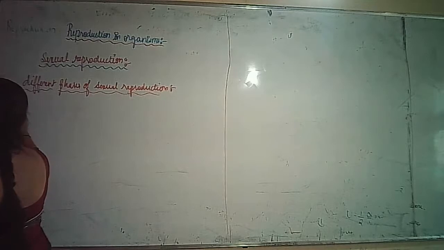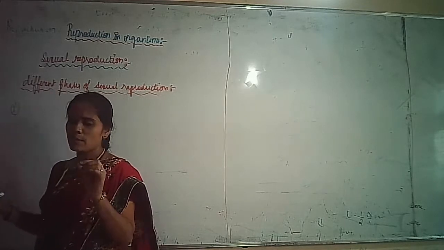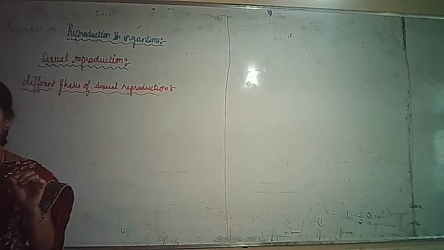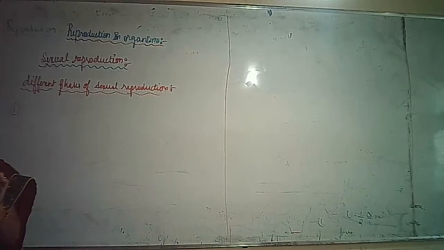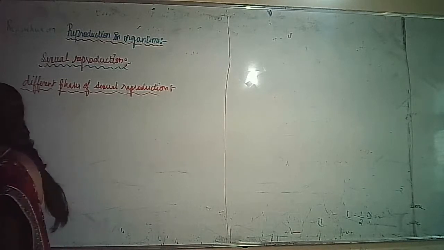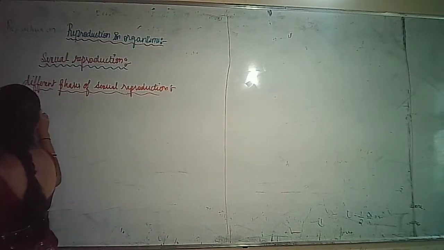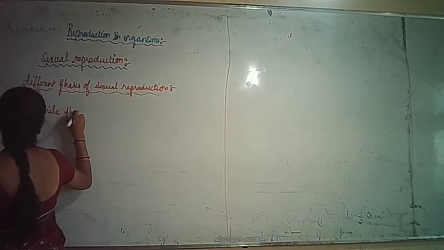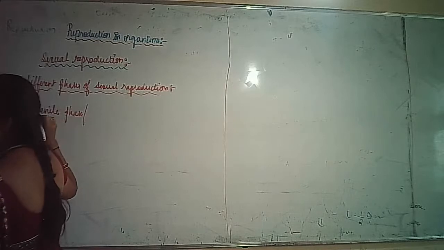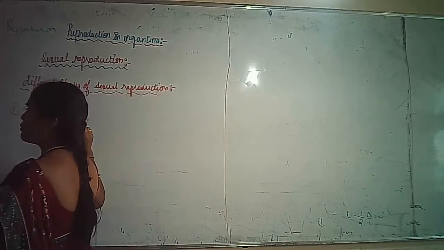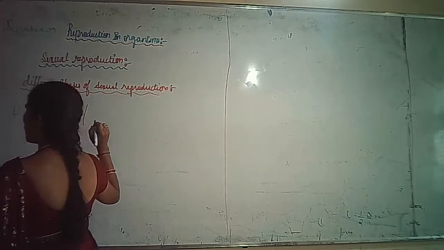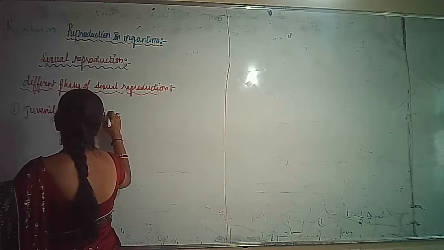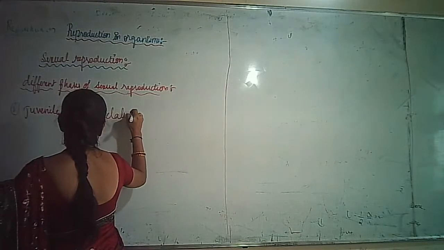All the individuals which reproduce sexually should show all these phases. That is the juvenile phase, which is also called the vegetative phase.